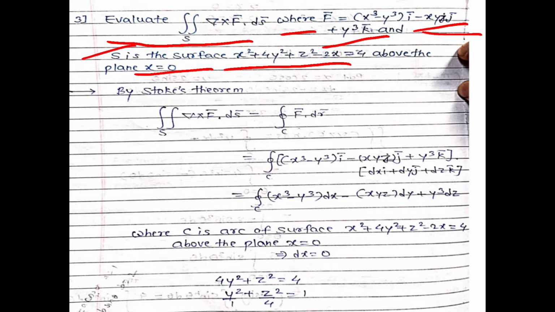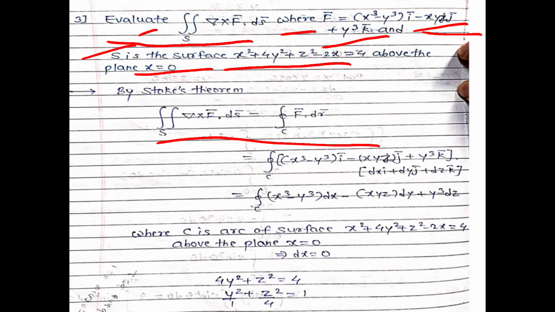So as usual, we will write the statement of Stokes theorem. As we know, if we have to evaluate the value of a double integration, then we go with a single integration. We will find the value of the single integration, which is equal to the double integration.